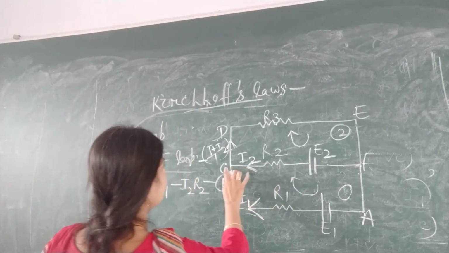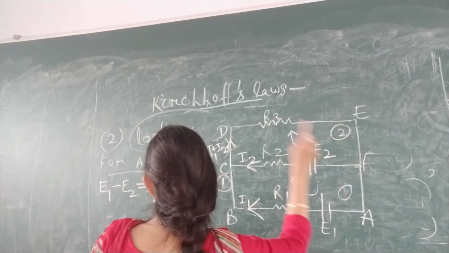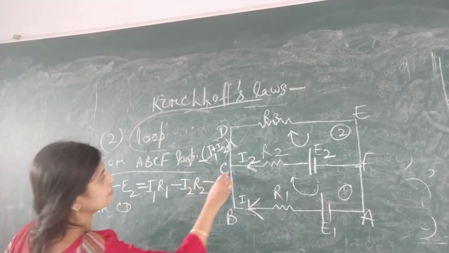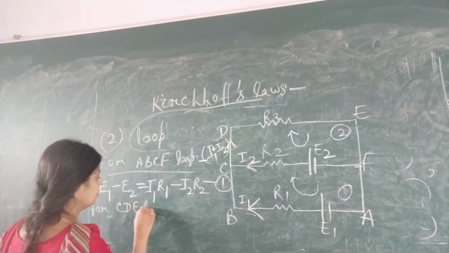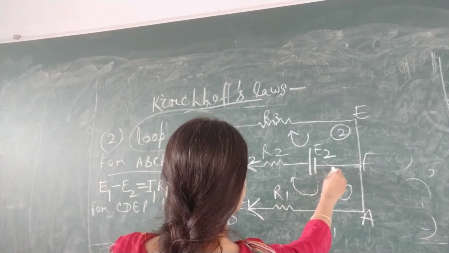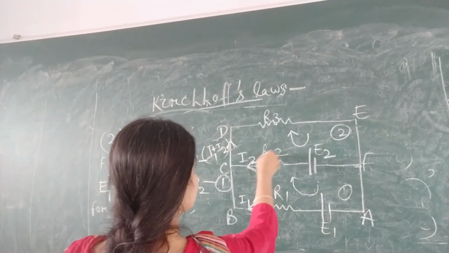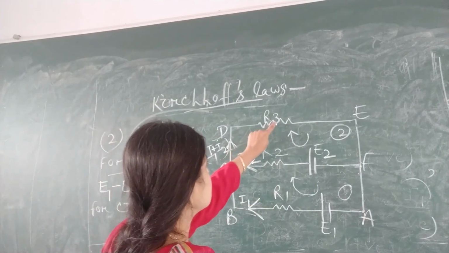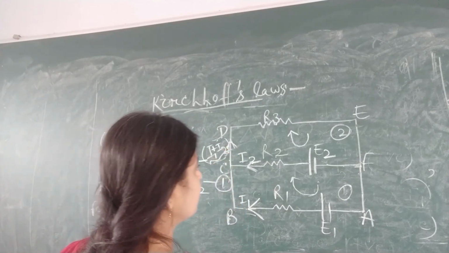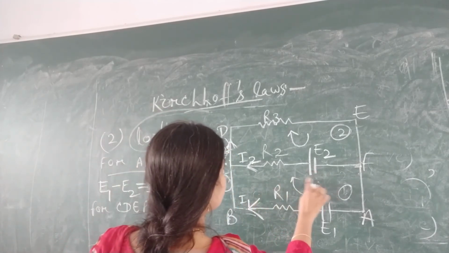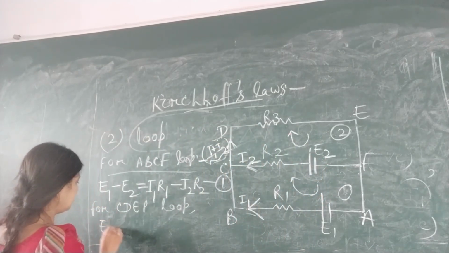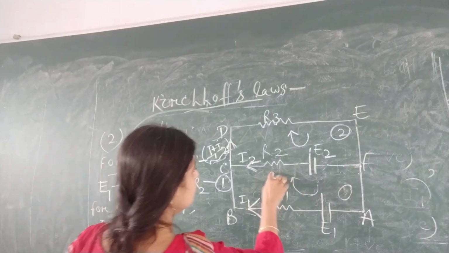Similarly, for the C, D, E, F loop, here the resistance is R2 and the current is I2, and for resistance R3 the current is I1 plus I2. So we can write E2, only a single cell is used. E2 is equal to how much?